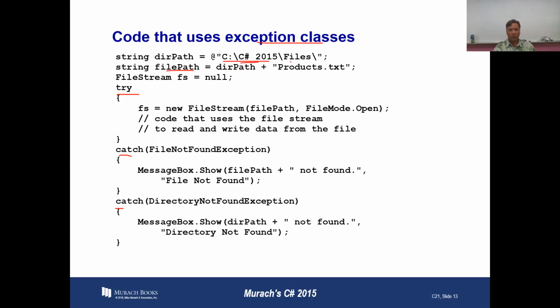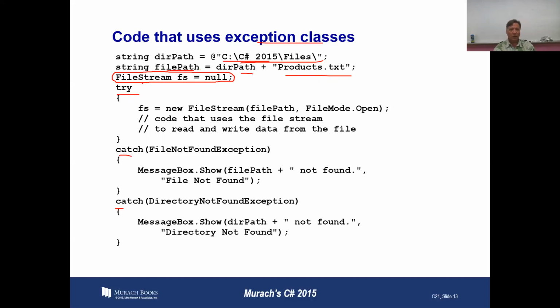We're going to create a new FileStream object. This just defines the existence of it; it doesn't connect it to anything.